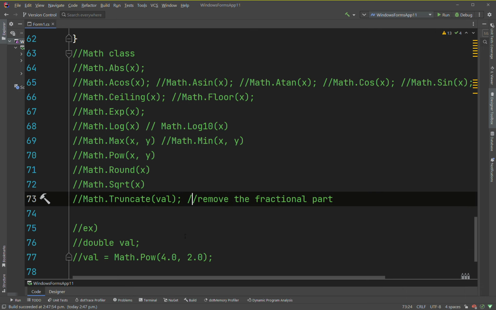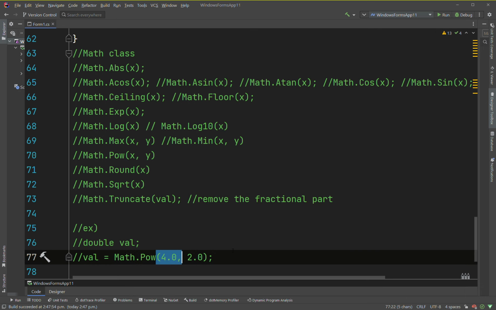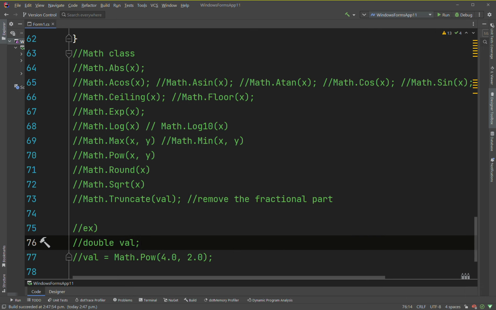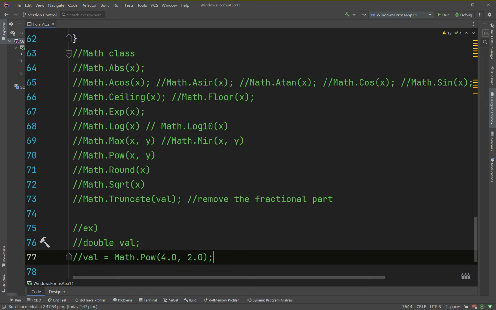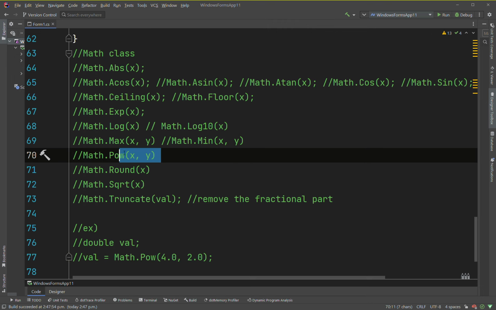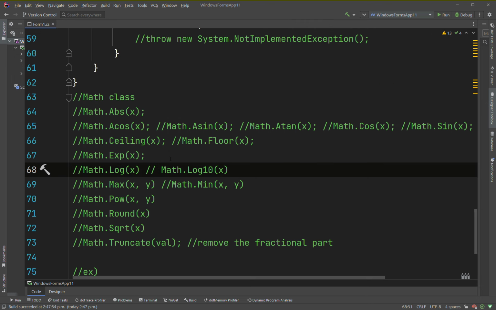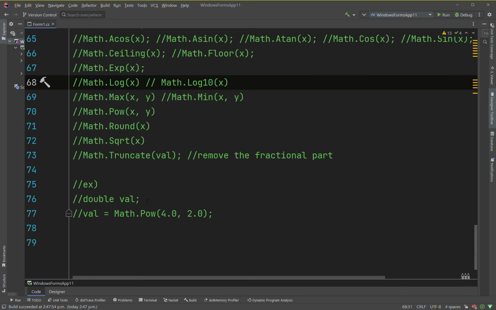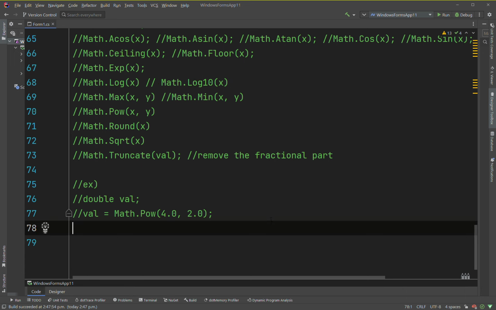So it should take 4 to the power of 2, which would give you 4 times 4 is 16. It can be a little bit tricky because it takes 2 parameters, so you'll probably get tested on ones that take 2 parameters, whereas the rest are kind of easier. So it should be 16.